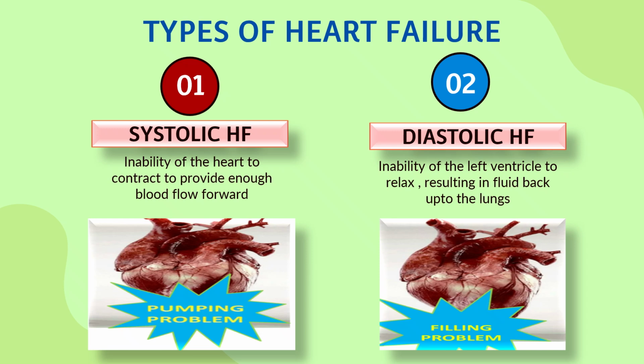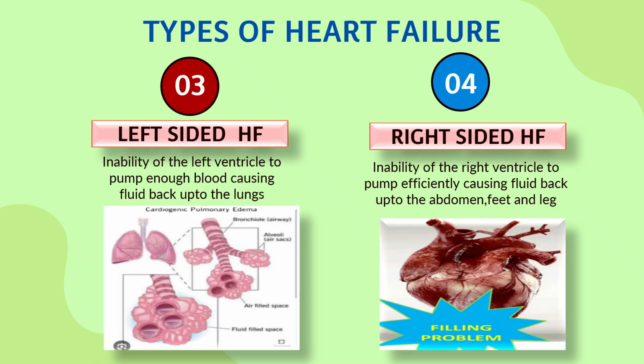What do you mean by diastolic? It is the inability of the left ventricle to relax completely, because unless there is relaxing, you cannot have filling. That is why it is called the filling problem. If you cannot fill it, it will lead to fluid backing up into the lungs. That is what happens in left-sided heart failure. That is why we commonly call left-sided heart failure diastolic heart failure. You will see it.